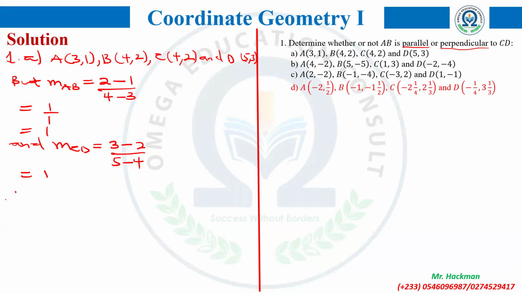Therefore, the line AB is parallel to the line CD. If you like, you can back it up with the relation: the gradient of AB is equal to the gradient of CD. All correct.